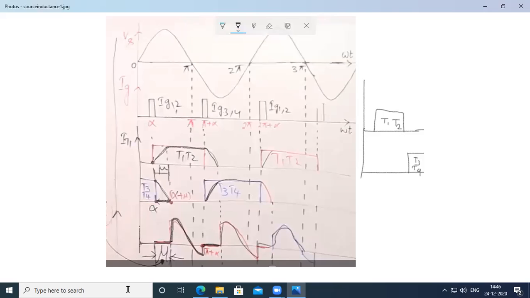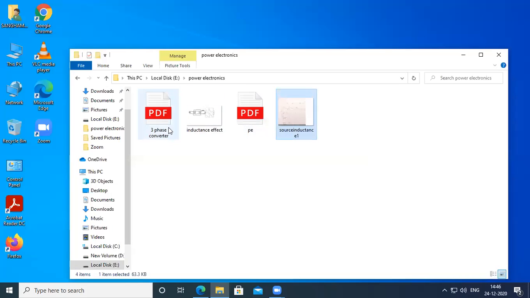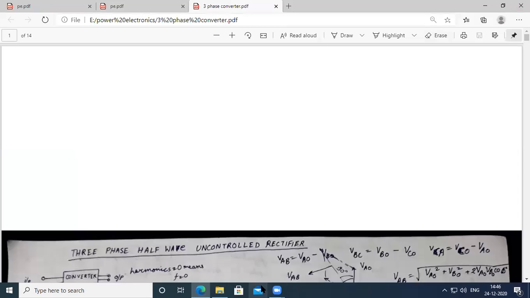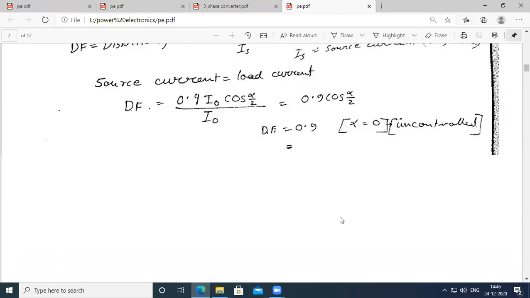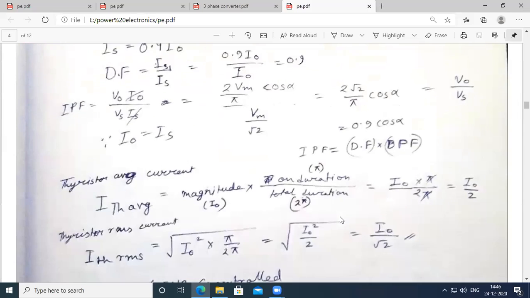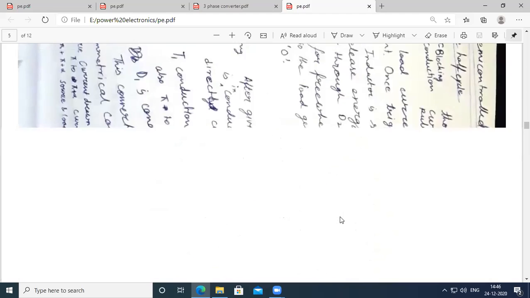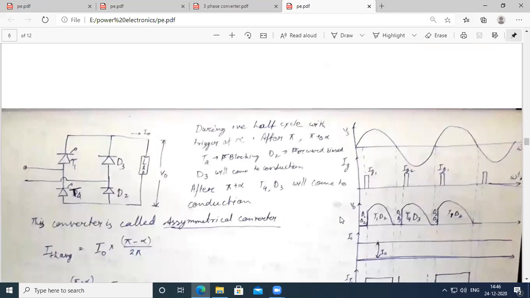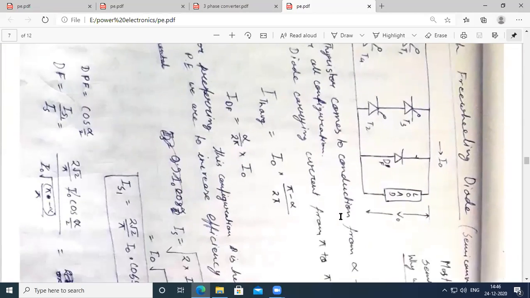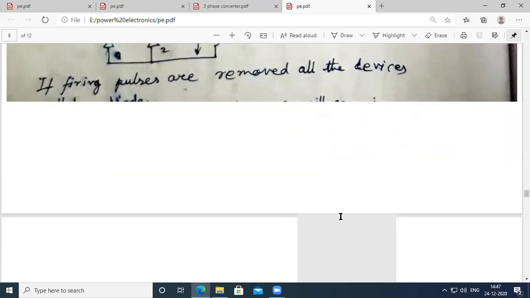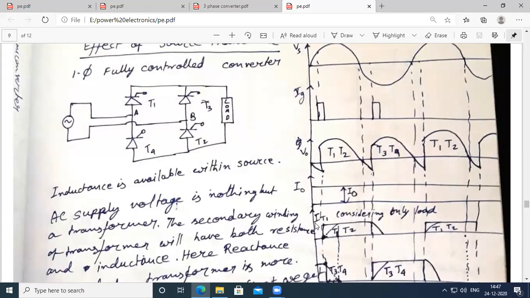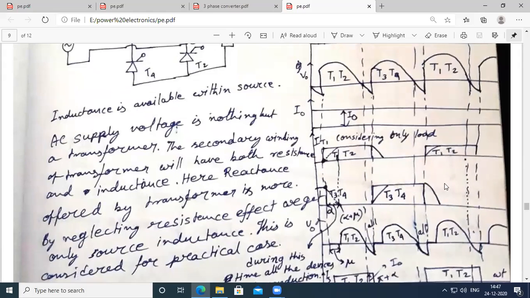Okay, this way it will continue. So this is our waveform.